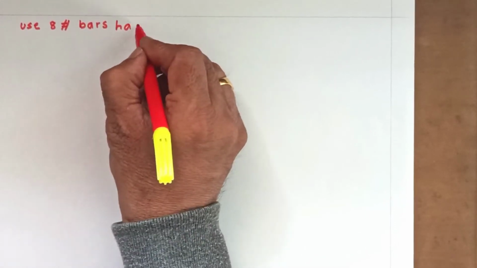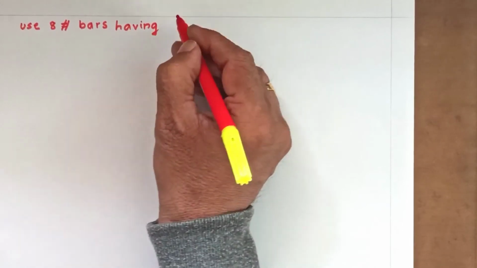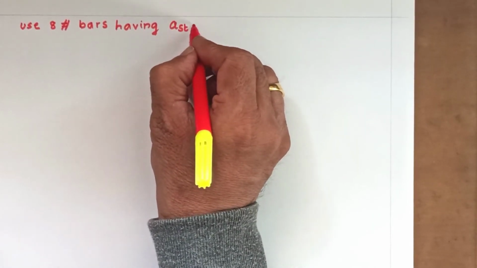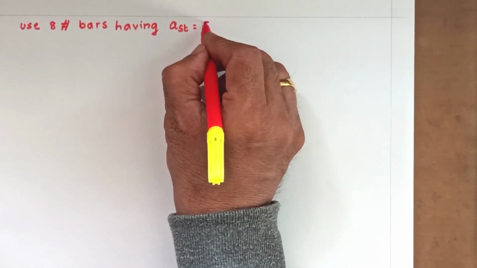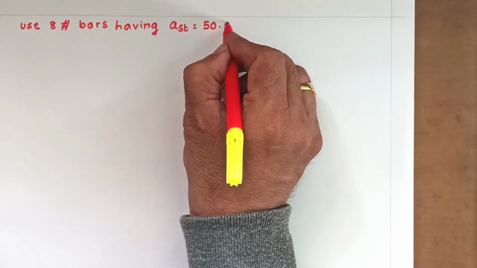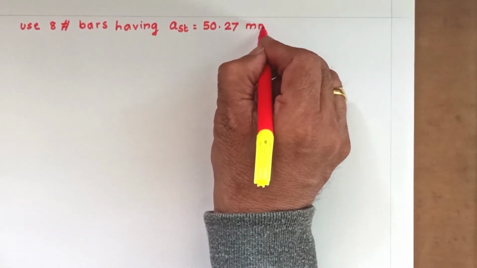What is the area of an 8 Tor bar? Area of 1 8 Tor bar, small AST, is equal to the area of an 8 mm bar, pi d square by 4, which is 50.27 mm square.